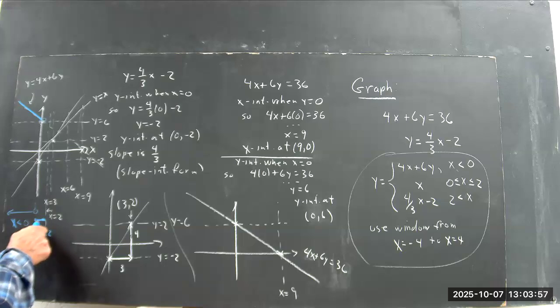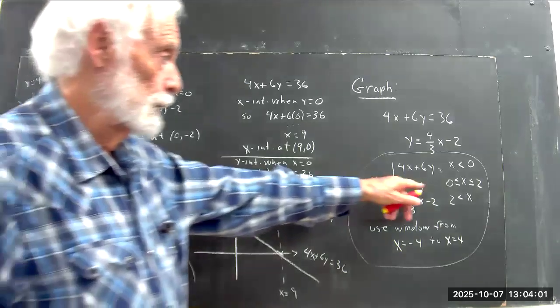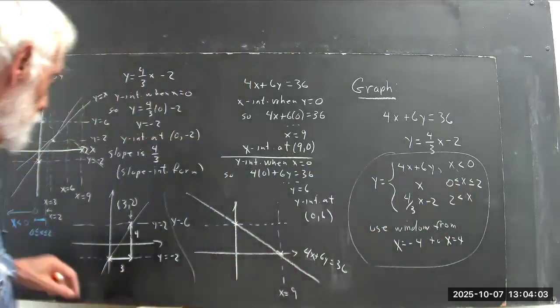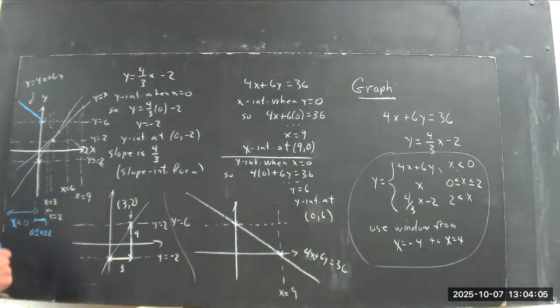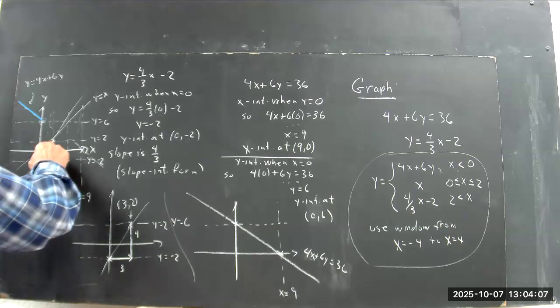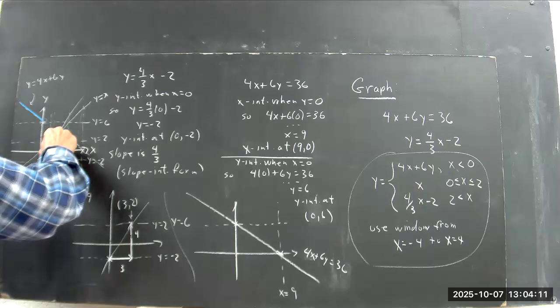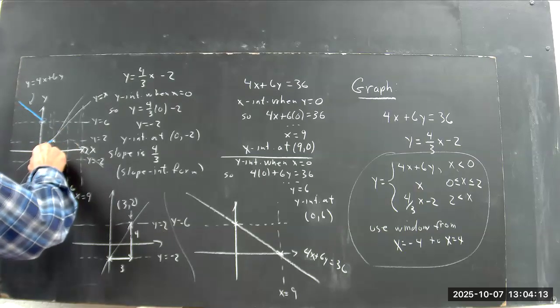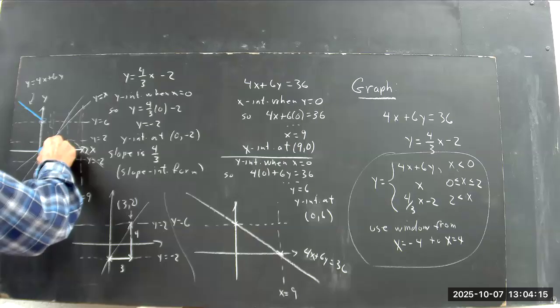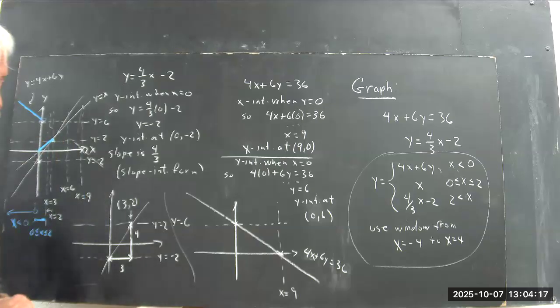So this interval goes from 0 to 2 because that's what it says: 0 less than or equal to x less than or equal to 2. There's the interval. And the curve will follow the y equals x line from here to here. And this point will be included. And this point will be included.